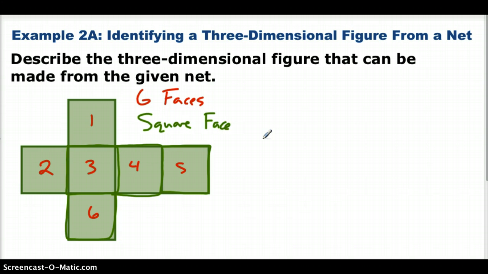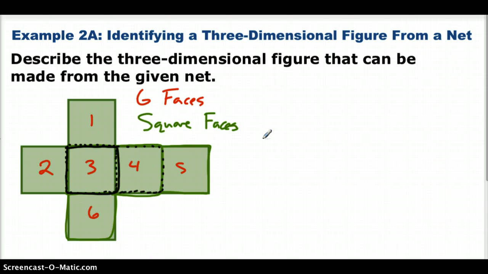What also helps me is to imagine what this would look like if we folded along all of these dotted lines. If we folded this up, this 3 would act as the base.